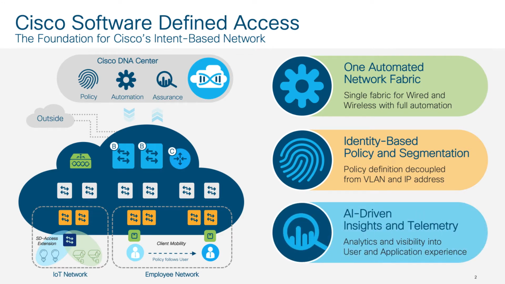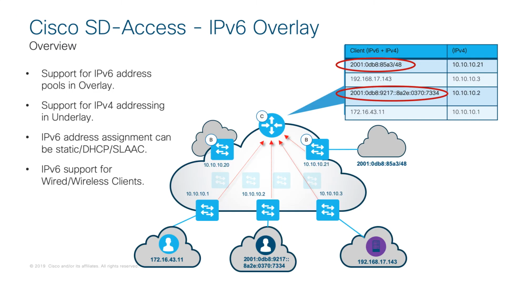SD-Access automates user policy so organizations can ensure the appropriate access control and application experience are set for any user or device to any application across the network. This is accomplished with a single network fabric across LAN and wireless LAN, which creates a consistent user experience anywhere without compromising on security.